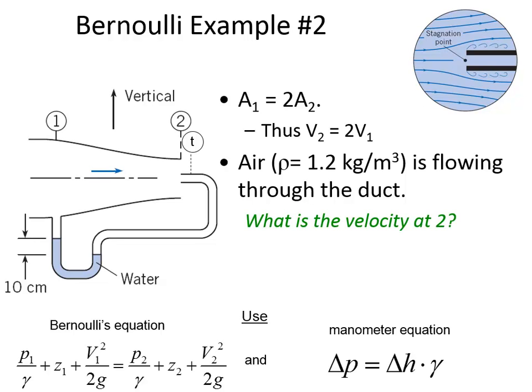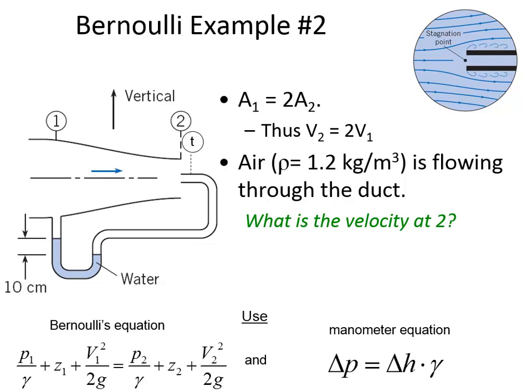And then solve for V1. We get that V1 is 40.4 meters per second. Thus, V2 is double that. And we have the velocity at 2.